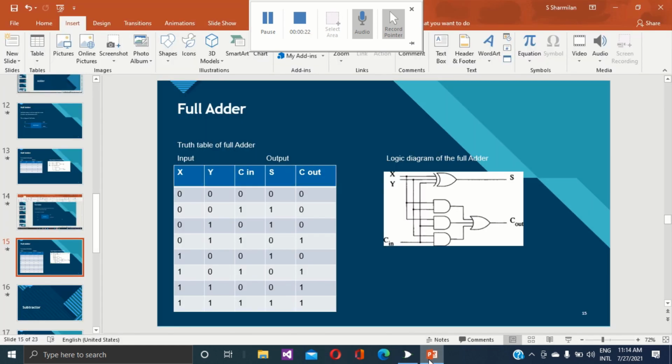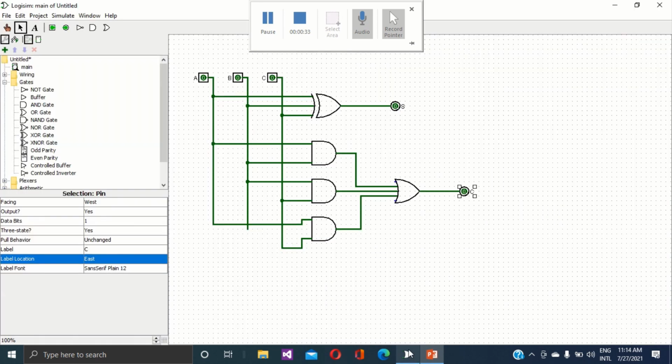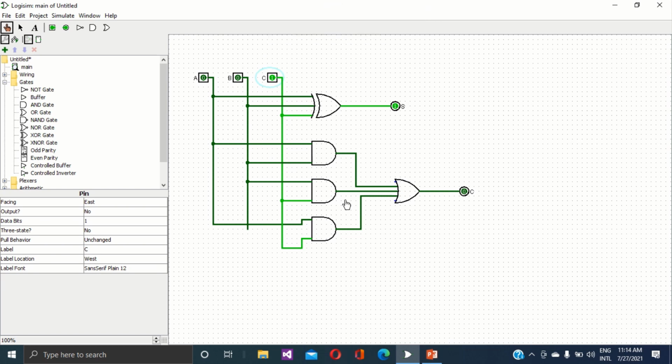Next, here I am going to check the second condition x equals 0, y equals 0, cin equal 1. Now I am going to change cin equal 1. Here output sum is equal 1, carry equal 0.